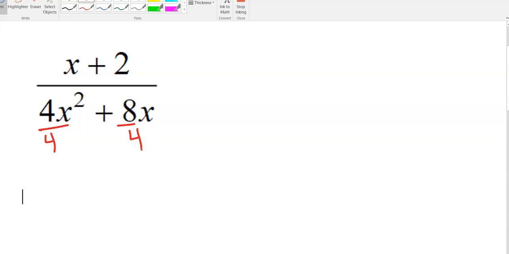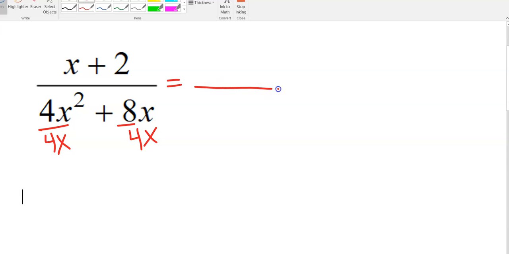But when we're looking at those two terms, they can also have a variable in common. I've got 4x squared, and I've got 8x. They at least have one x in common. 4x squared has 2 x's, and 8x has 1. I want to figure out what they have in common. They both have an x. All right, so that's something that I can factor out.